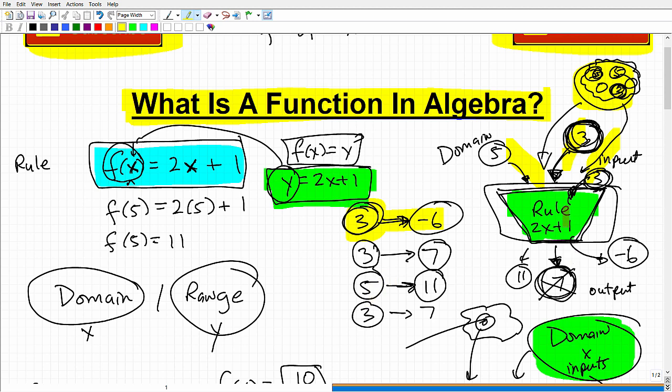So whatever we plug into our machine, we only get one output value. Each domain value has exactly one output range value. If you understand that, then you're well on your way to building up your knowledge of functions.